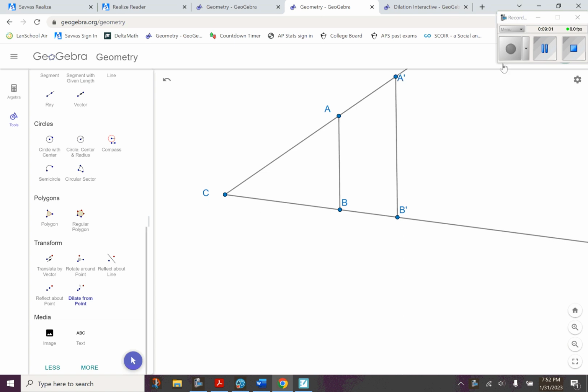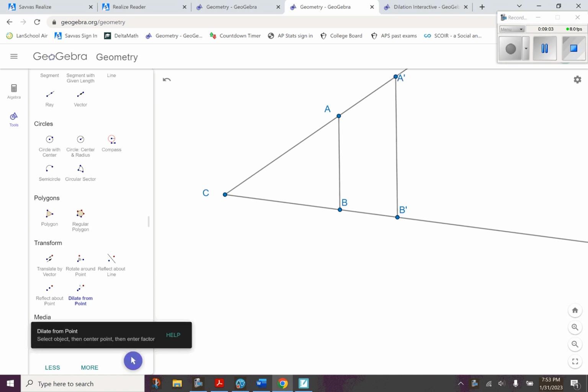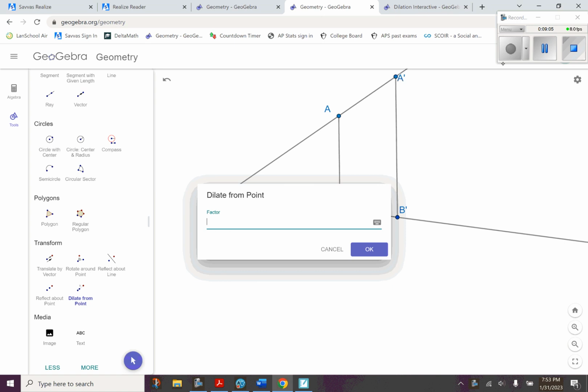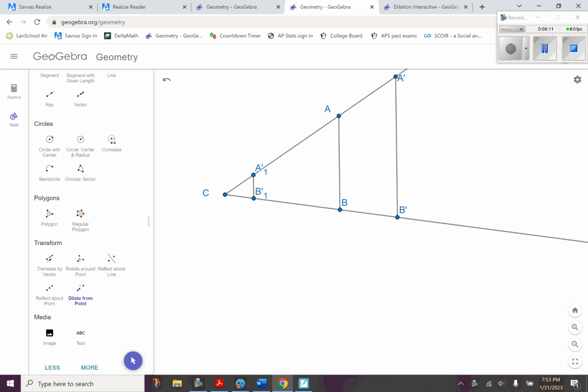If I try it again, say this original center here, and we go for, say, 0.25 as my scale factor, my goodness, that gets even smaller, and closer to the center point of the dilation.